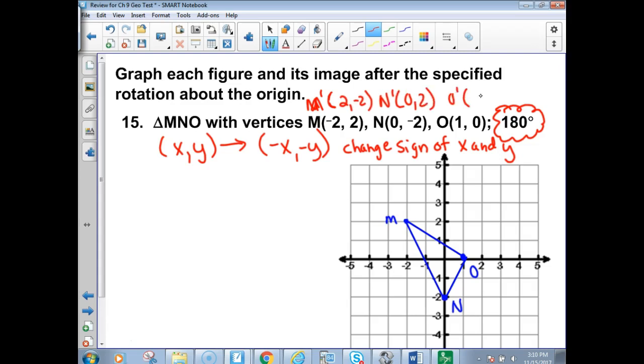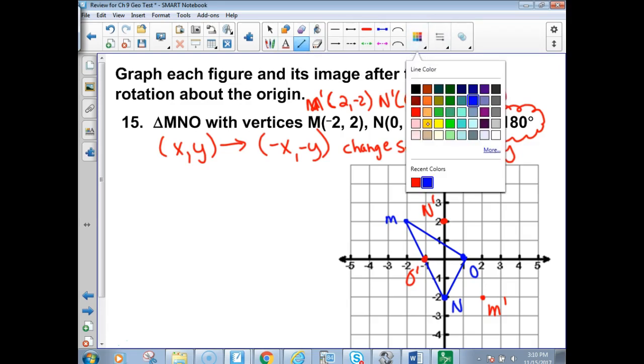And O prime would be at -1, 0. Can't change the sign of 0. So 2, -2, our new point, M prime. 0, 2 will be up here, N prime. And -1, 0, O prime. And then draw out the triangle.